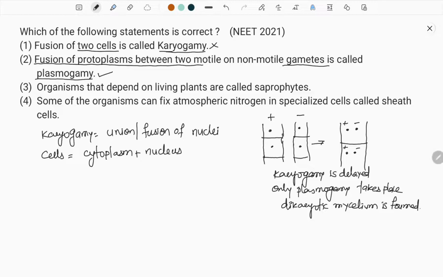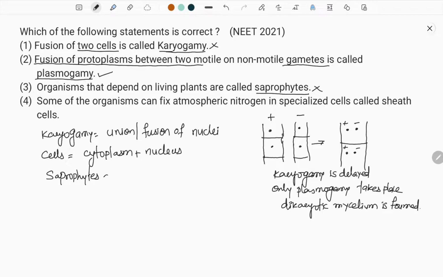And organisms that depend on living plants are called as saprophyte. This is wrong. Why it is wrong? Because the organisms that take food, that depend on living beings, are called as parasites generally. Parasites, or you can call even symbionts also. So saprophytes are those which grow on dead and decaying organic material.